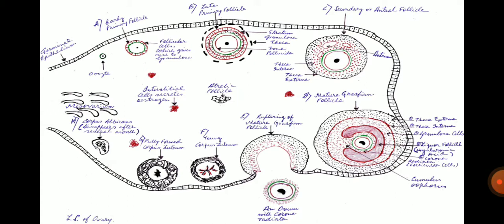Then after that, this structure becomes a little hard and turns into another structure called the corpus albicans. Corpus albicans is also seen as the last rounded structure in the lower side of this ovarian region.